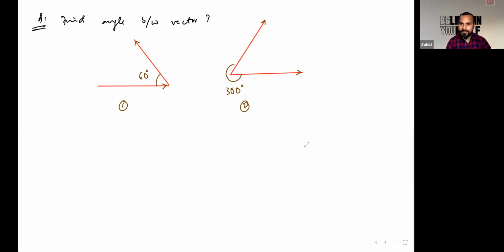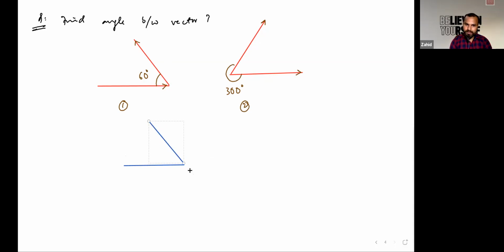Now, in calculating, I give you some hint how to define. For angle between any two vector, try to define two vector as co-initial vector or co-terminal vector. In this first example, we have first vector along this direction and second vector along this direction.